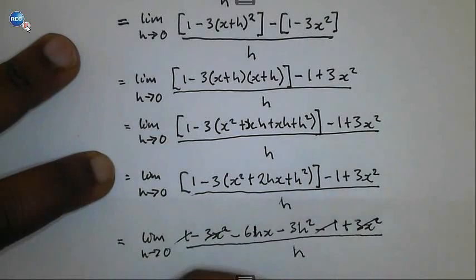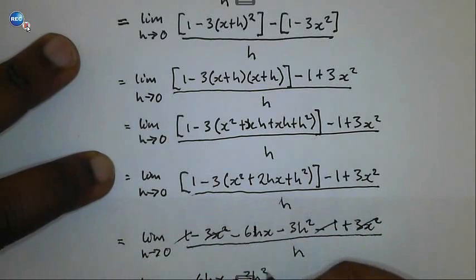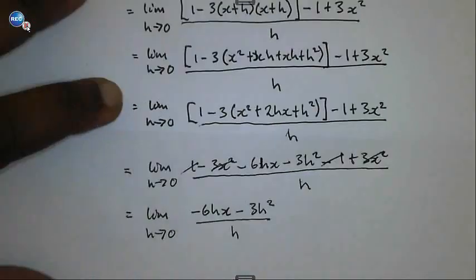So what do we have now? Negative 6xh minus 3h squared over h. Now, you can divide each term by h or factorize h out and cancel them out, same thing still.